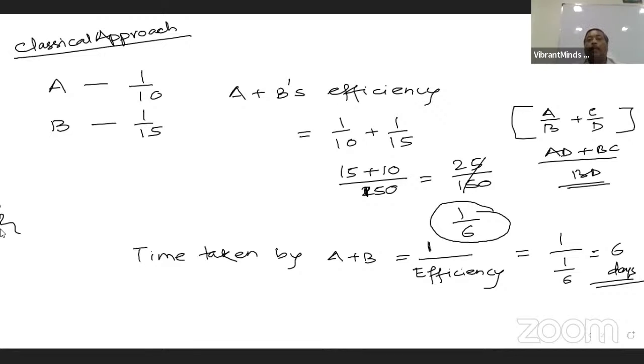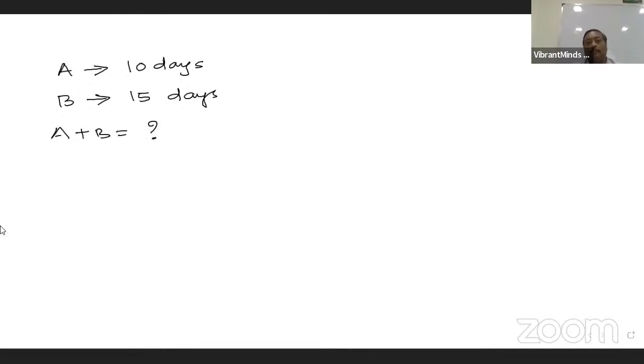Okay. Now we will go with the percentage method. Same question I am solving through the percentage method. Now what we had is A can complete a work in 10 days. B can complete the same job in 15 days. And our question was, A plus B can do it in how many days?